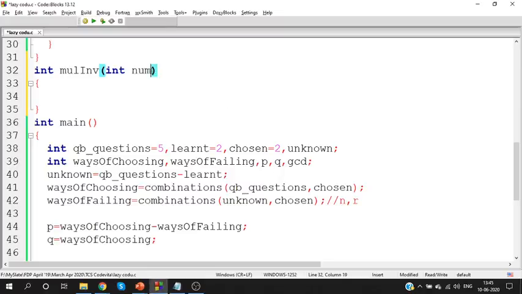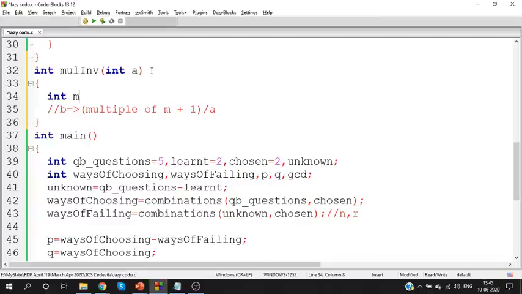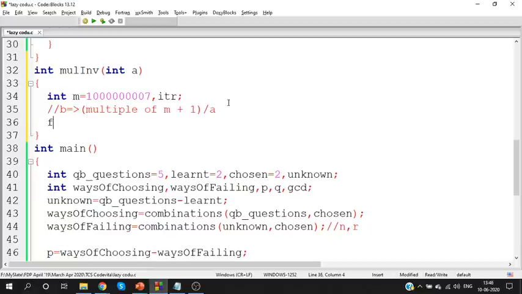So let me say you have a value and you know the m value. What is the m value? M value is nothing but 1, 2, 3, 4, 5, 6, 7, 8, 7. So what are we going to do? We are going to choose a multiple of m.